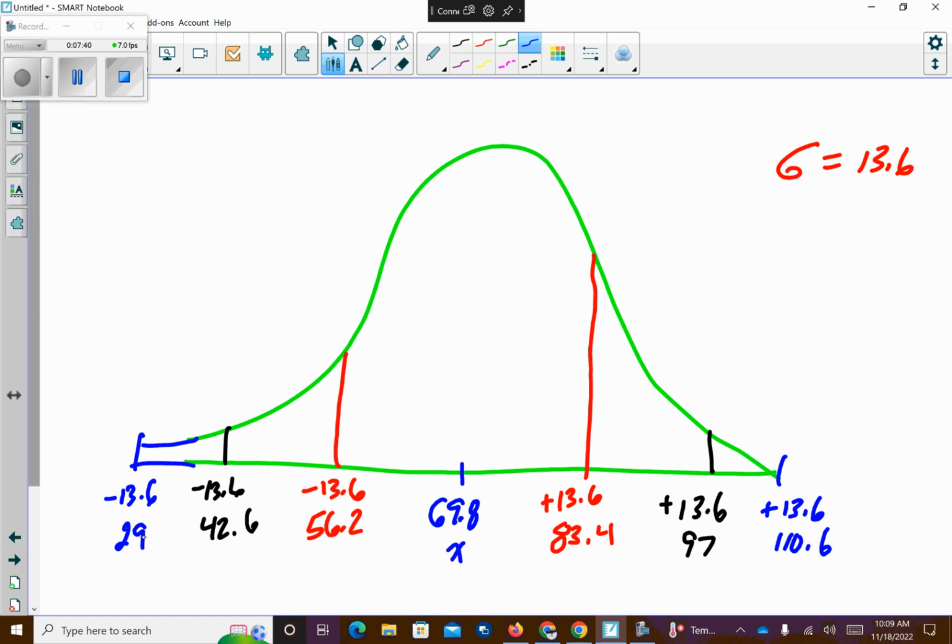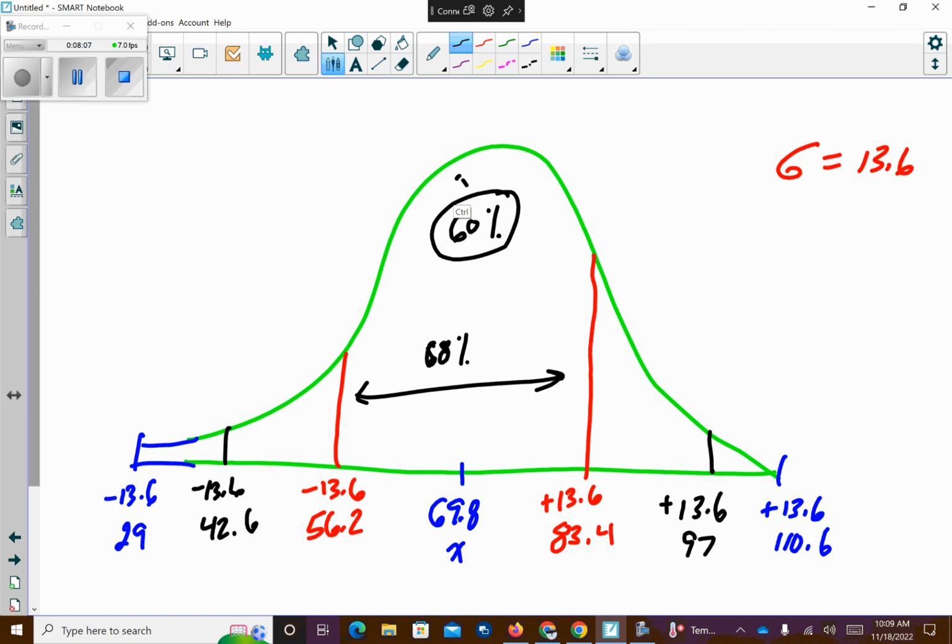So we should have 68% of our data fall here, but it only represents 60%.